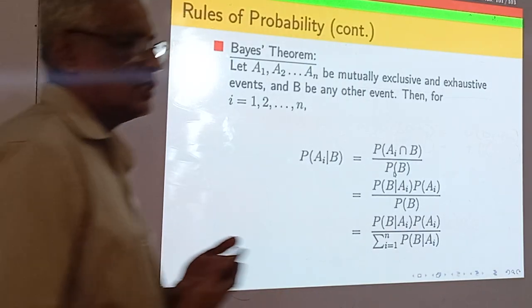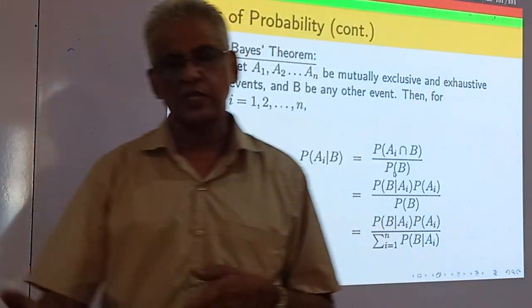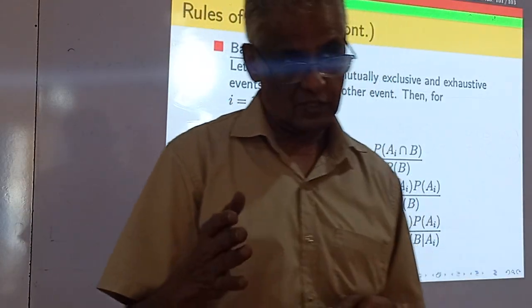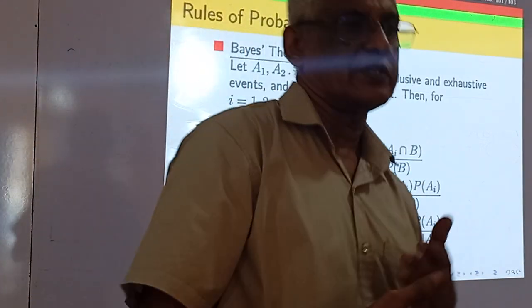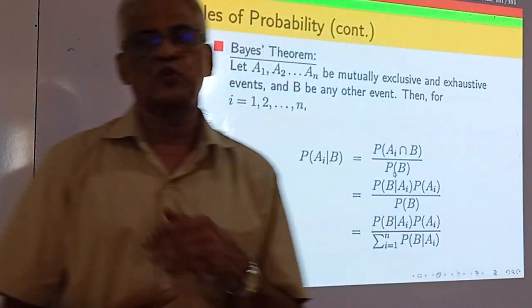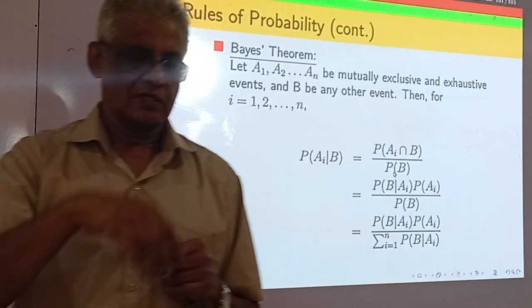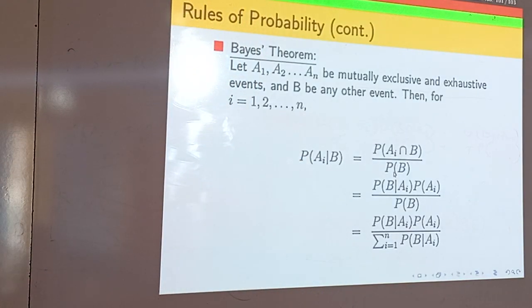So if you know the probability of B given A1, probability of B given A2, probability of B given A3, when you know those things, and you want to find out the conditional probability the other way around, reverse, right? If you want to find out what is the probability of A1 given B, probability of A2 given B, right? So that's the reverse of what you know. Then you apply the Bayes theorem.